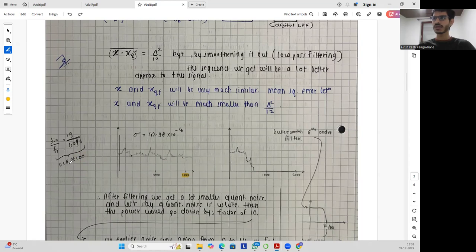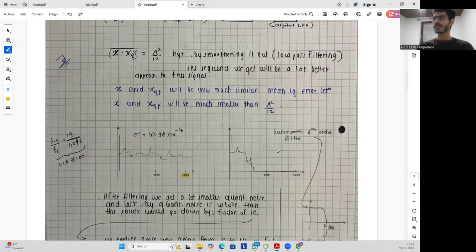Based on this value, our delta square by 12, or the mean square variance of noise, comes out to be 42.98 times 10 to the power minus 4 dB. Then if we choose a digital filter, let's say a Butterworth filter, forget about the order as of now, let's say it's a brick wall filter.